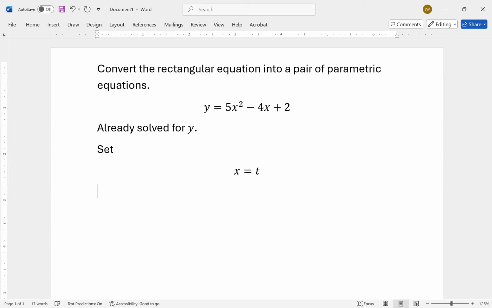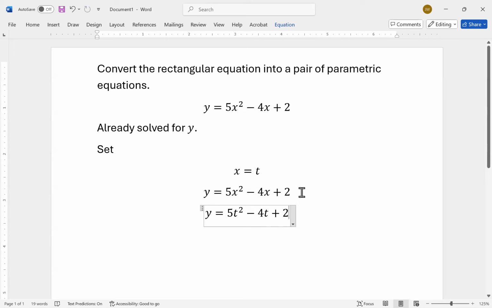is set x equal to t itself. If we do that, then my y equals 5x squared minus 4x plus 2 can be rewritten as 5 times t squared minus 4 times t plus 2.